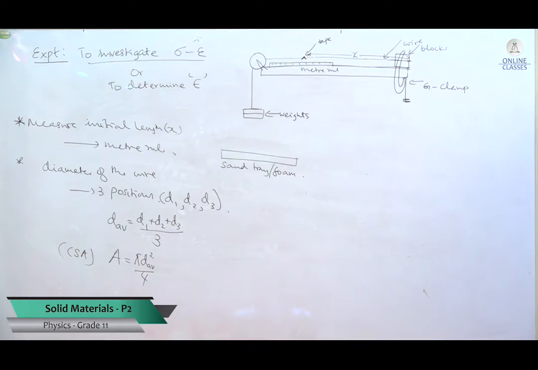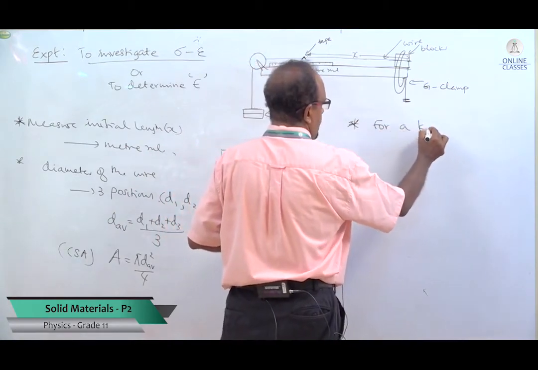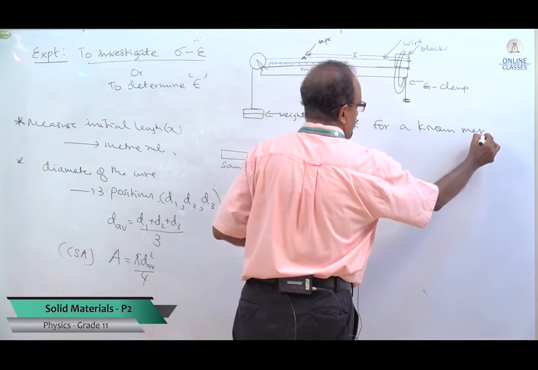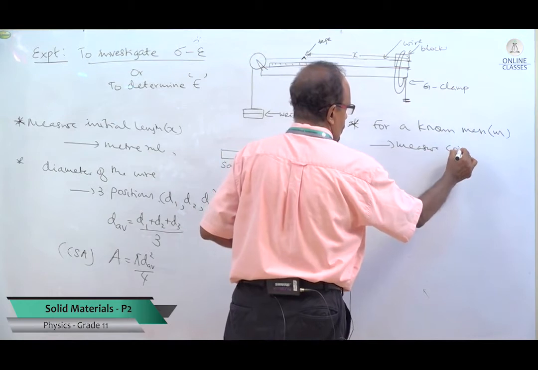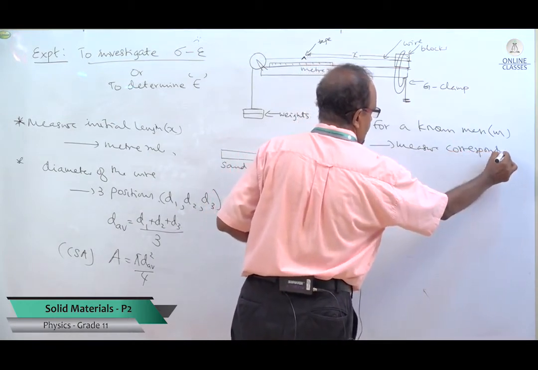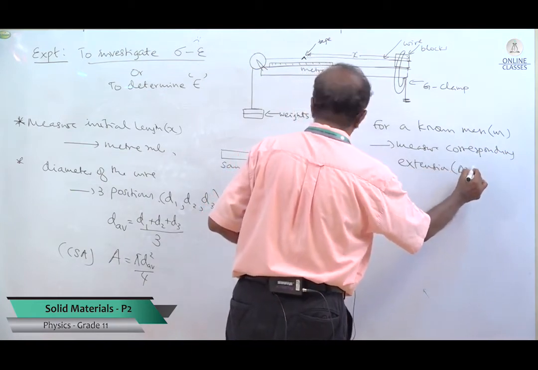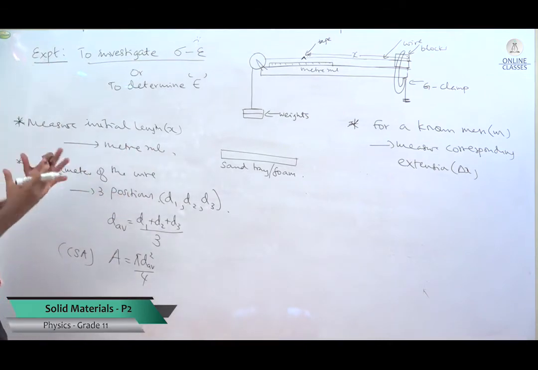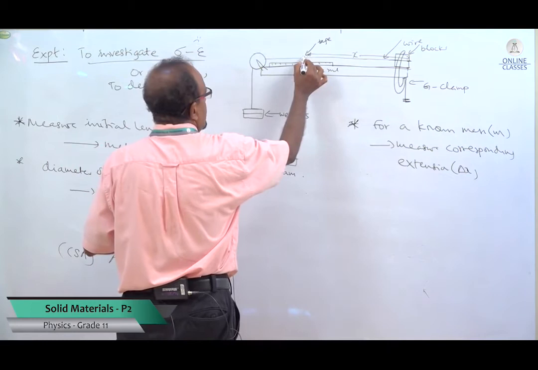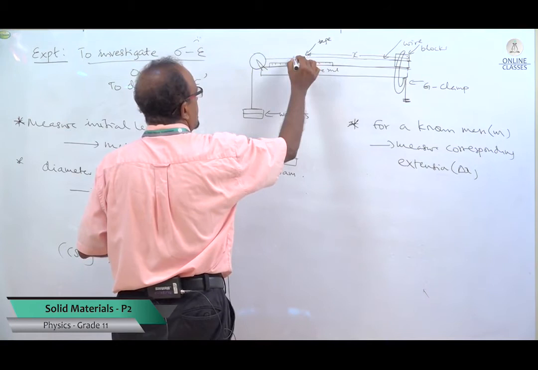Right. So in this experiment, first, for a known mass, measure the corresponding extension. That means, as you are keeping here 100 grams, for that 100 grams we measure how much this paper rider or small mark is moving.